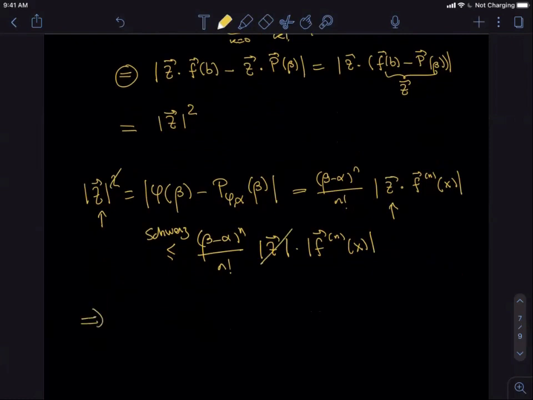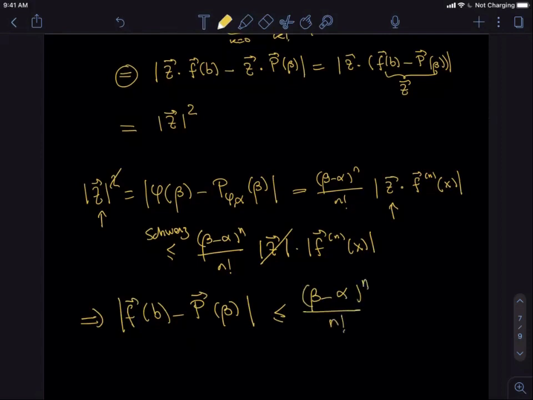And then, using the definition of z, f of b minus p at beta is less than or equal to (beta minus alpha) to the power n divided by n factorial times f^(n)(x) for some x in the interval (alpha, beta).